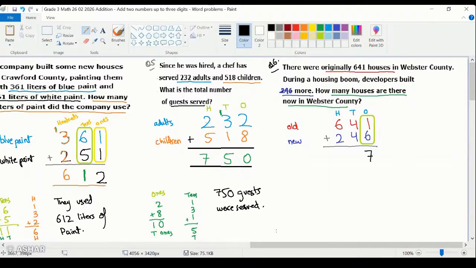How many tens do we have? 4 plus 4 would mean we have 8 tens, right? Perfect, thank you. And how many hundreds?